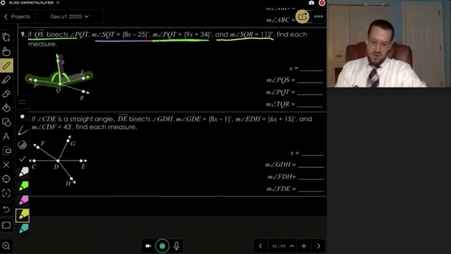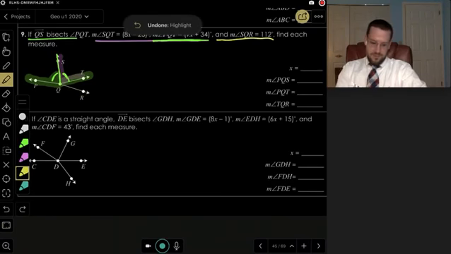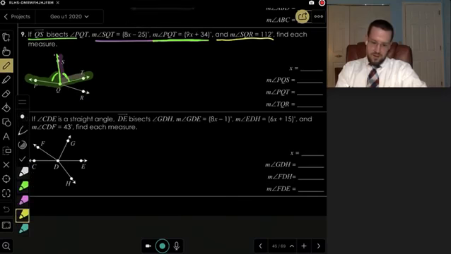And then this angle SQR, this whole thing in yellow there, SQR is 112. And then we want to find each.